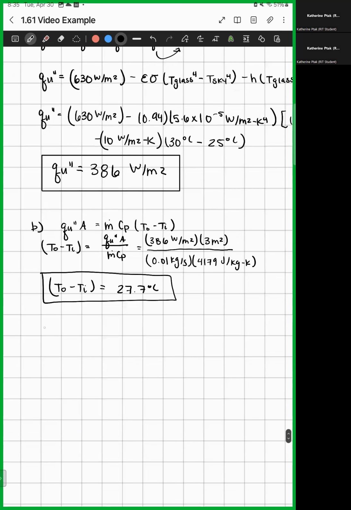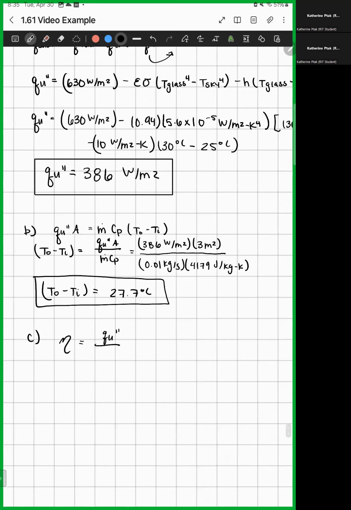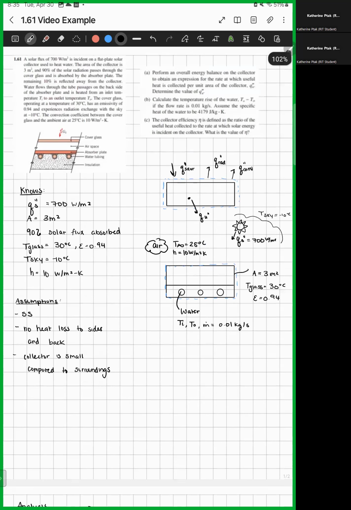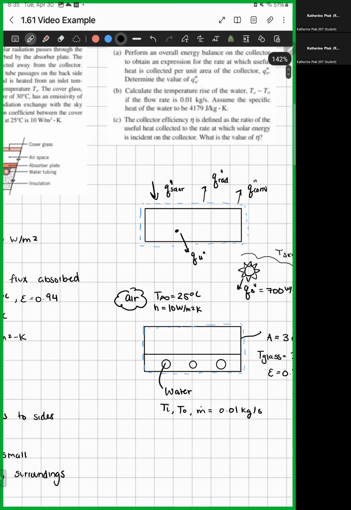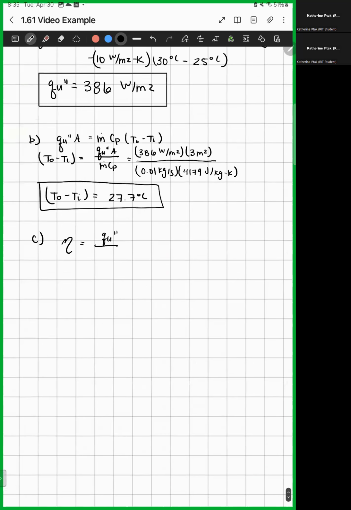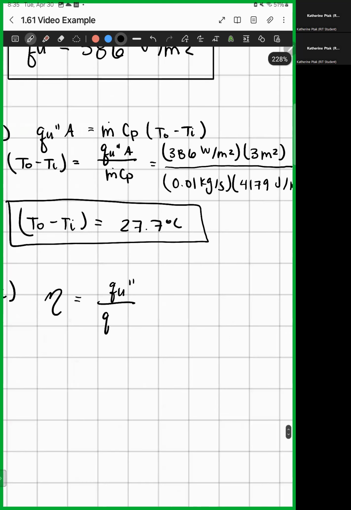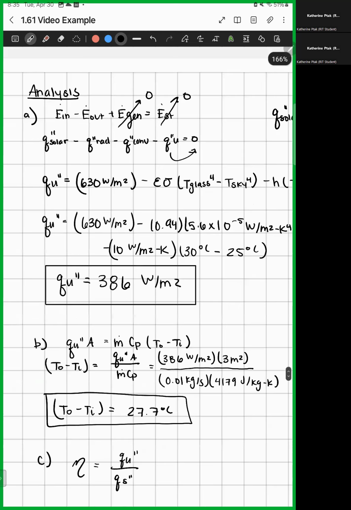And then lastly, C, we need that efficiency, which will be, like they described, the ratio of the useful heat collected to the rate of the solar energy. So that was QU over QS. We're not going to be using the Q solar that we calculated up here.